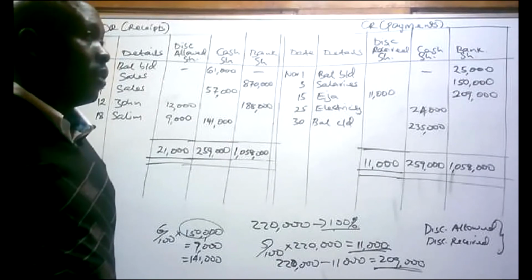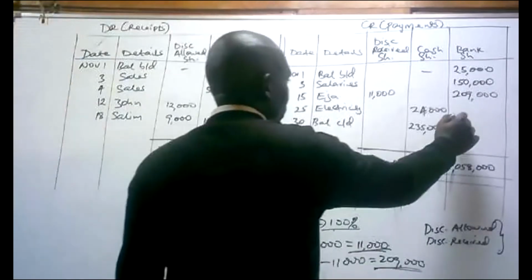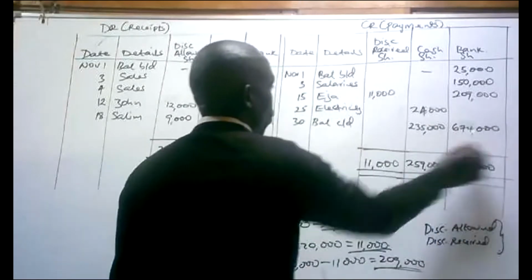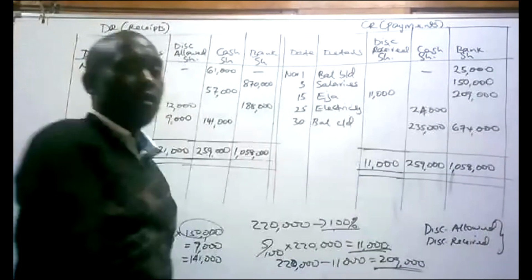How much are you getting? 674,000. You write it along the same row with this balance carried down.